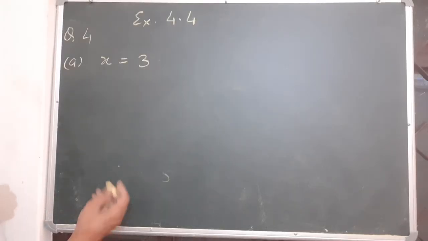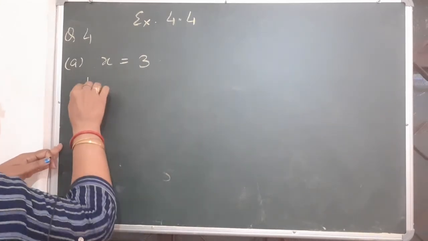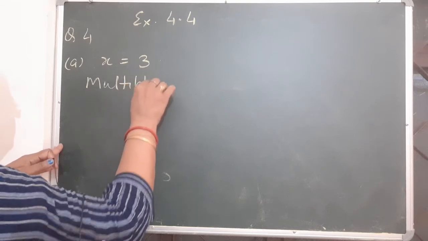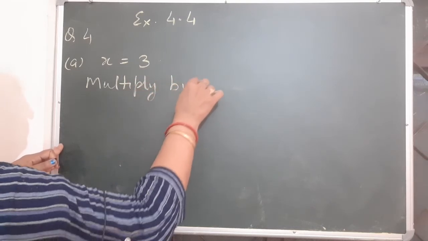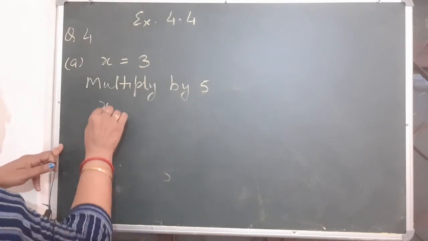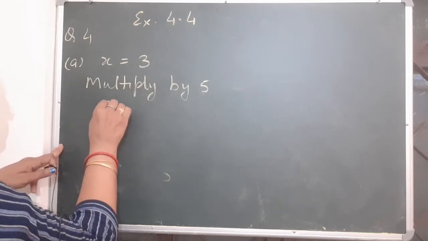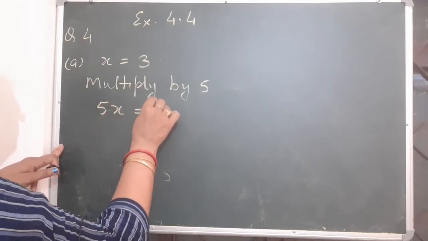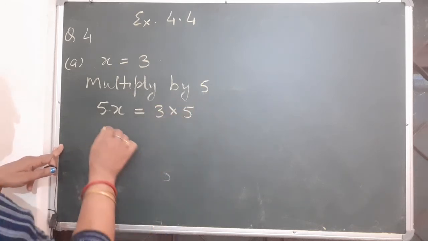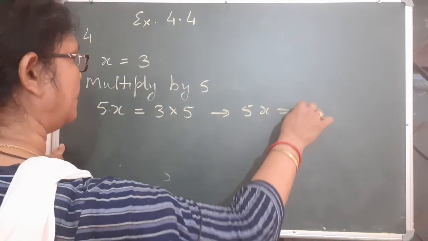Like for example, if you multiply this equation by 5, you can take any number. So you will get 5x is equal to 3 into 5. That is 5x is equal to 15.